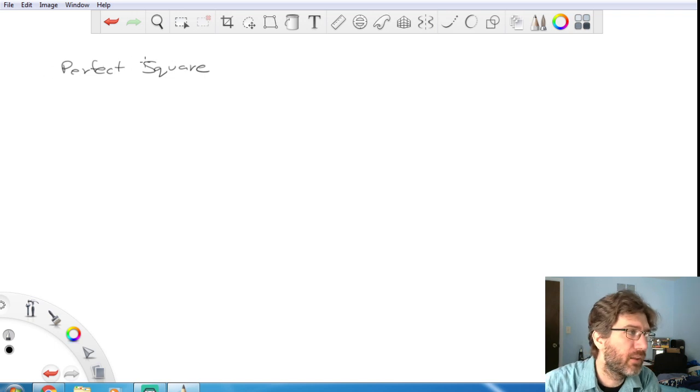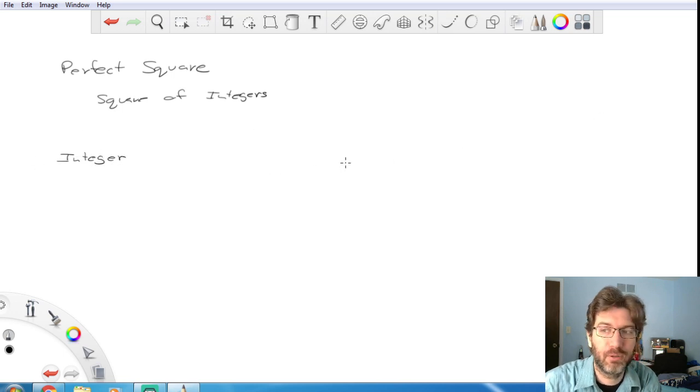Perfect squares are the squares of integers. This is in the PowerPoint, you can follow along there. If we have an integer and we square it, we get a perfect square.